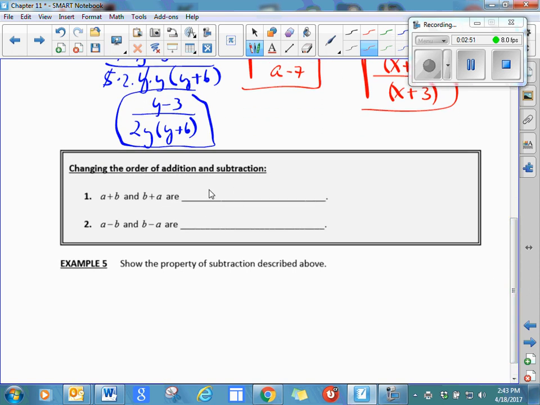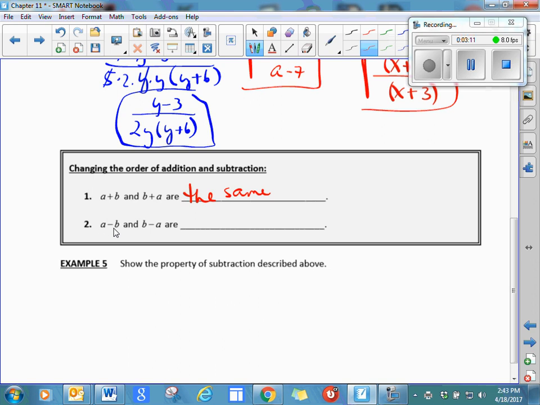So our commutative property back from 7th grade says that a plus b and b plus a are exactly the same thing. It doesn't matter the order when you're writing an addition problem or multiplication for that matter. You have the same result. So these are the same.